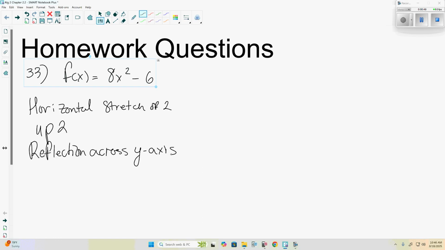So first thing we're looking at is problem 33 from 2.1. We want to apply these three transformations.